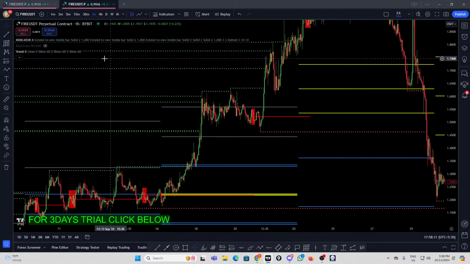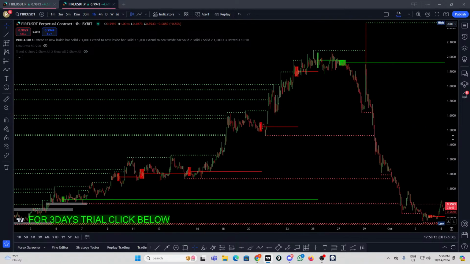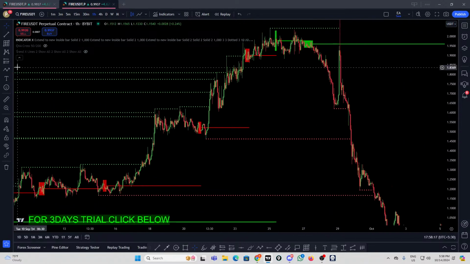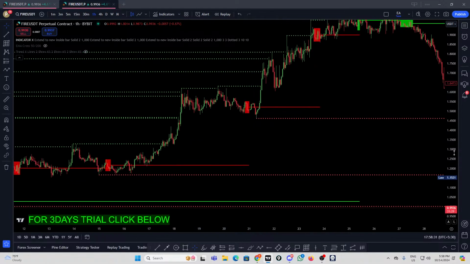Just look at this, the liquidities, how it was working absolutely perfect. So when market started from Dragonfly Doji, okay, let me check one second. All right, here. So when we got a Dragonfly Doji, correct?